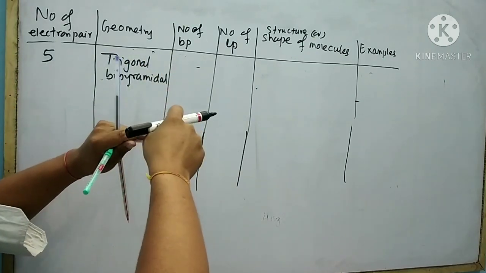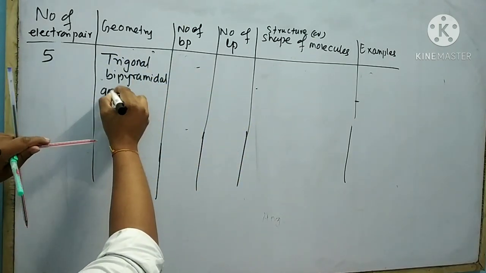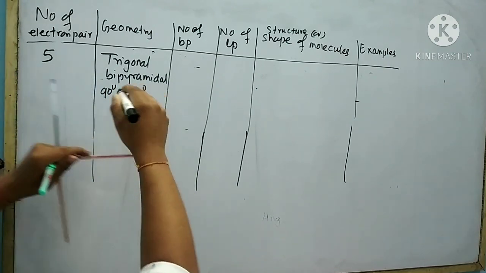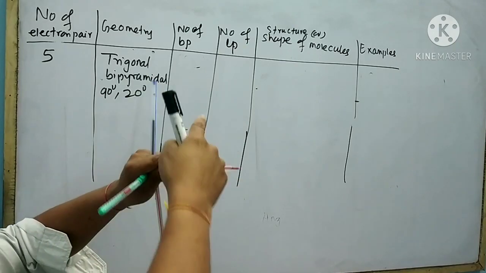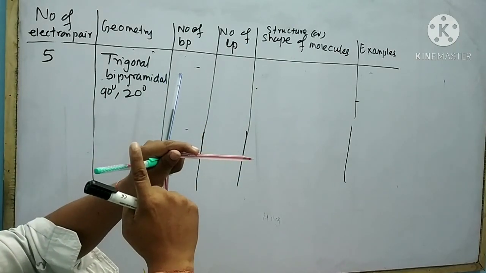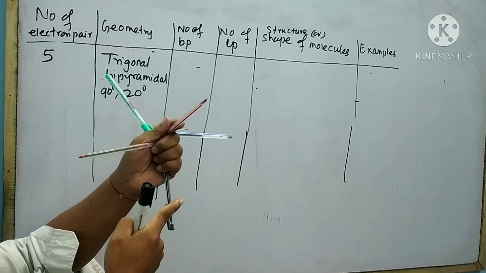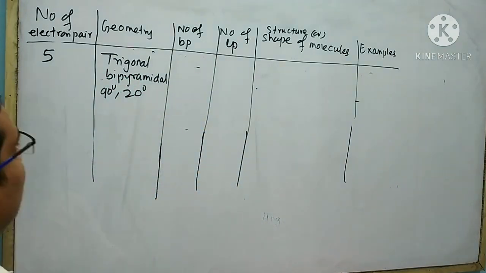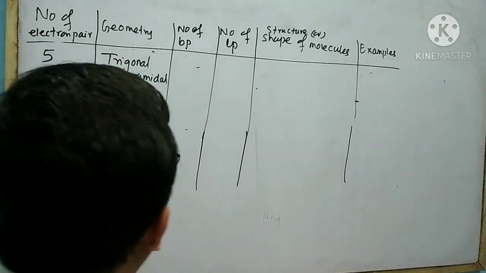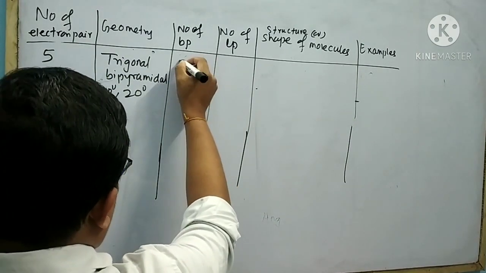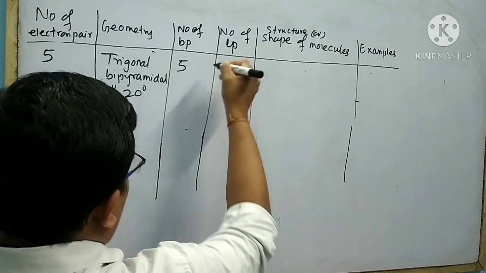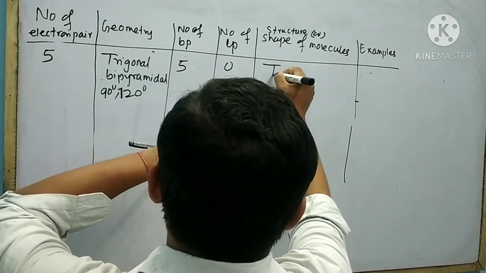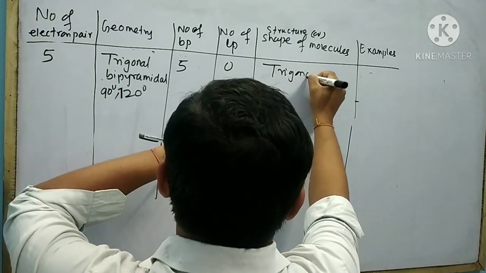Here the angle is 90 degree, another angle is 120 degree. This angle is 90 degree, this angle is 120 degree. This angle is also 120 degree, but this angle is 90 degree. Among the 5 electron pairs, suppose all electron pairs are bond pairs, there is no lone pair, then the shape of the molecule is also trigonal bipyramidal.